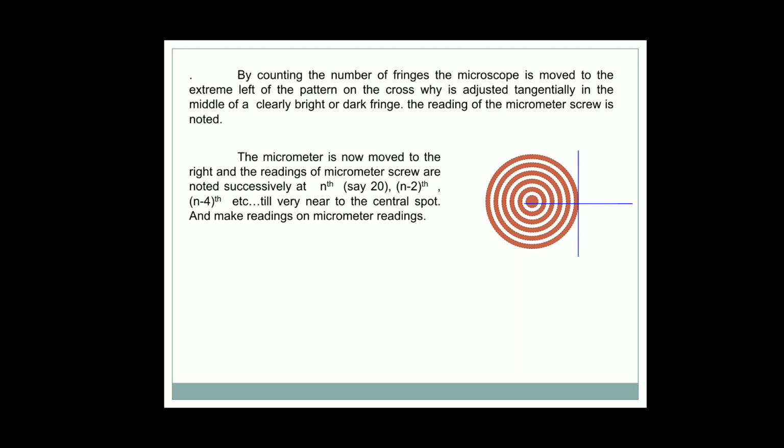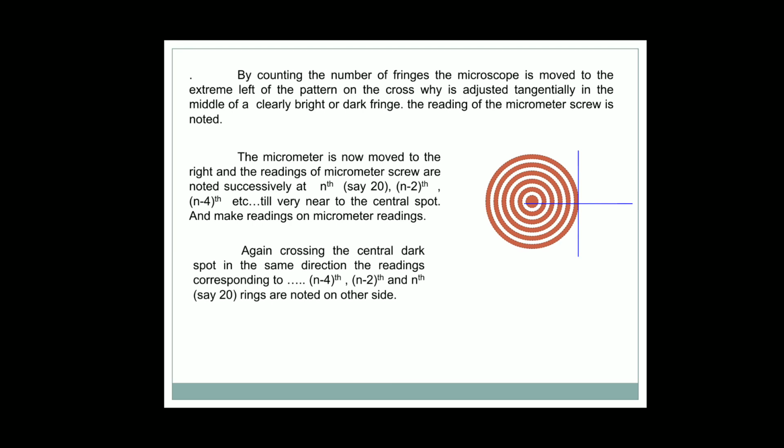Thereafter, the crosswire goes to the center of the Newton rings and again moves towards the right side. Then again we have to take readings on the right side, that is the nth dark ring, and n minus 2, that is the 20th dark ring, 18th dark ring, 16th dark ring, and so on at the right side also.